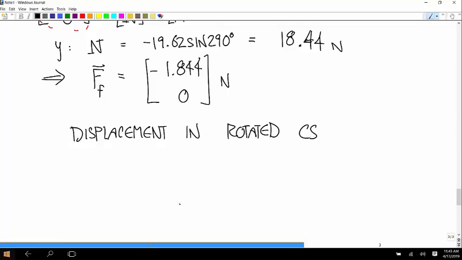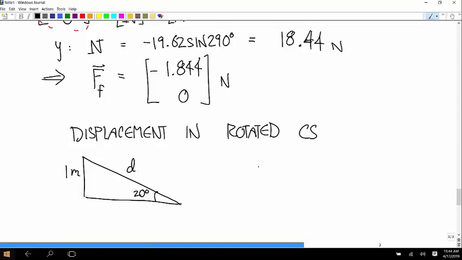So we have a triangle with a height here of 1 meter. This angle is 20 degrees. And we want to figure out this distance d.